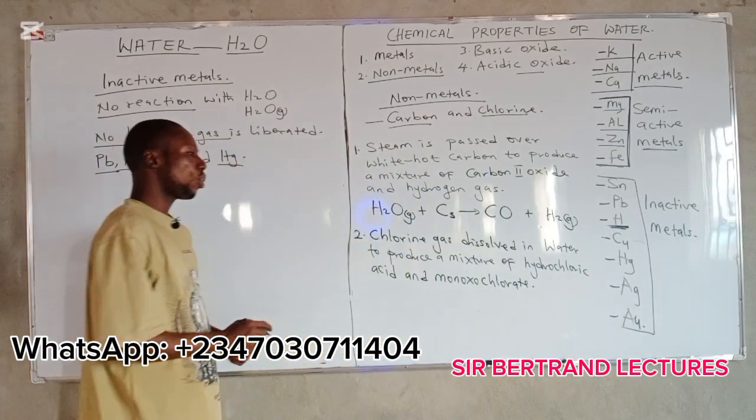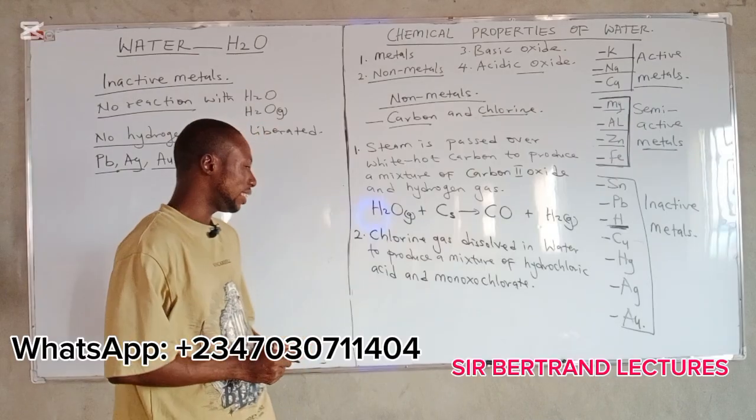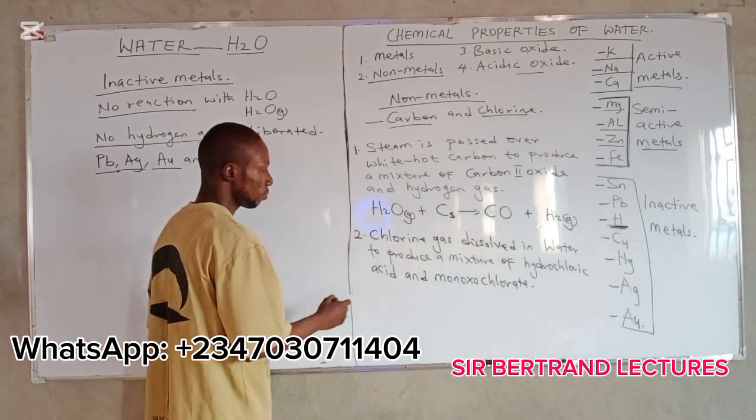All right? Chlorine gas dissolved in water to produce a mixture of hydrochloric acid and monoxochlorate.